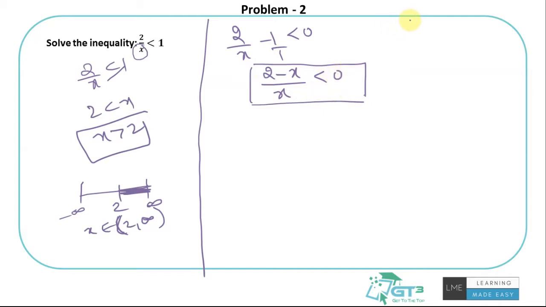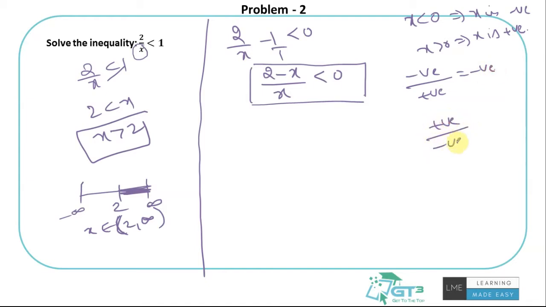What do I mean by less than 0? Understand this. When I say x is less than 0, what do I mean by that? x is negative. x is greater than 0 means x is positive. So when would I get this fraction to be negative? Negative by positive is going to give me negative, or positive by negative is going to give me negative, which will be less than 0, right?